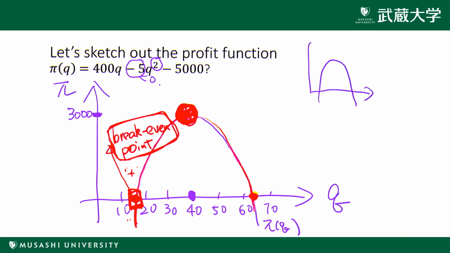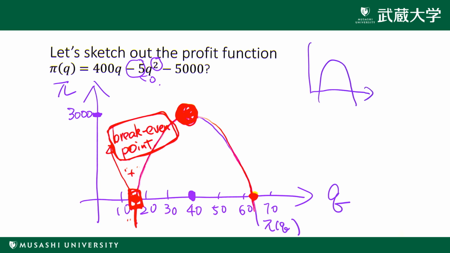And we know at 40, if this is 10, 20, 30, and 40, 50, 60, and 70, this function is maximized at 3,000. So at 40 bagels the profit is maximized at 3,000 yen, and this is the highest point of the hill. Then it comes down this way and this way.